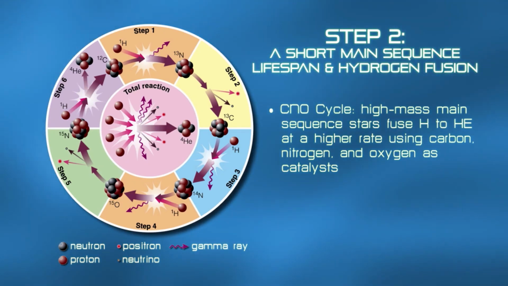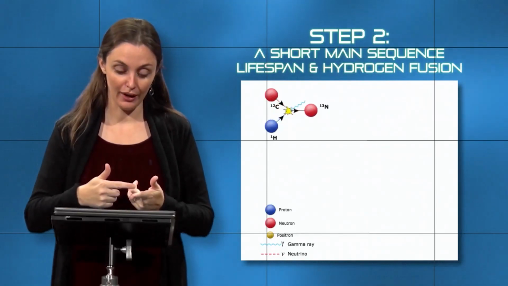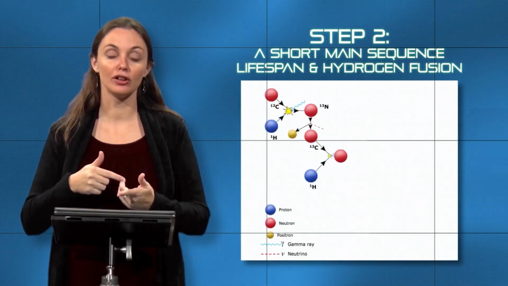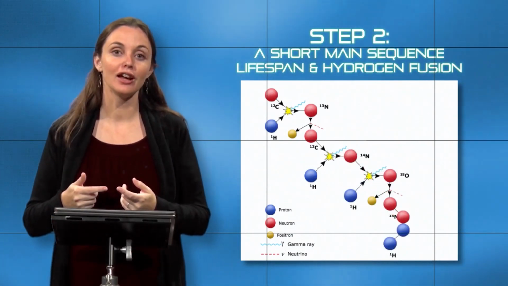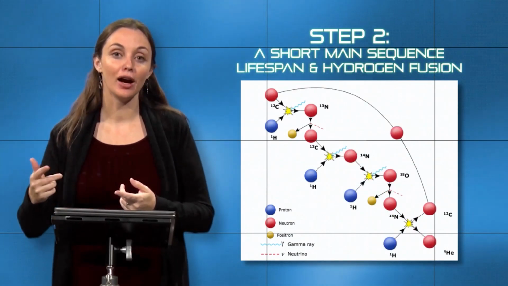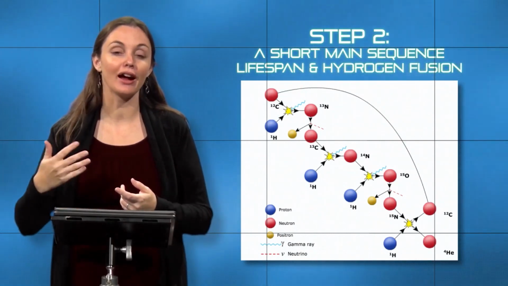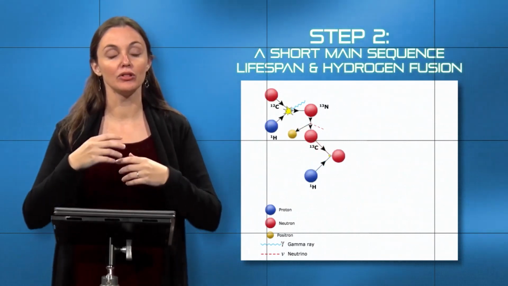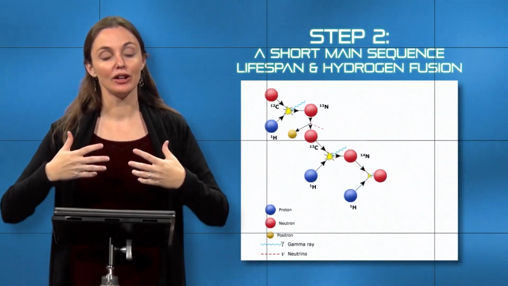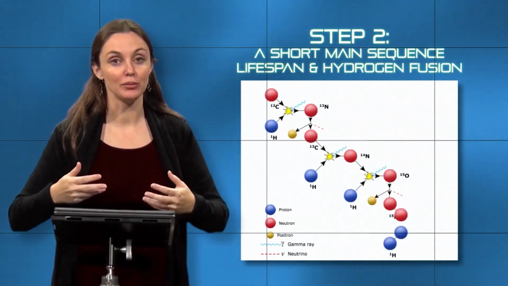So in order to get multiple hydrogen atoms to be converted into helium, what you're essentially doing with carbon, nitrogen, and oxygen is continuing to add a proton along the way, continuing to add a whole hydrogen atom, bumping up the atomic mass until you end up with something that is conducive to spitting out a helium nucleus.